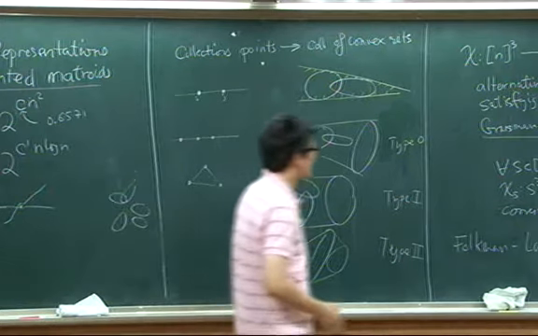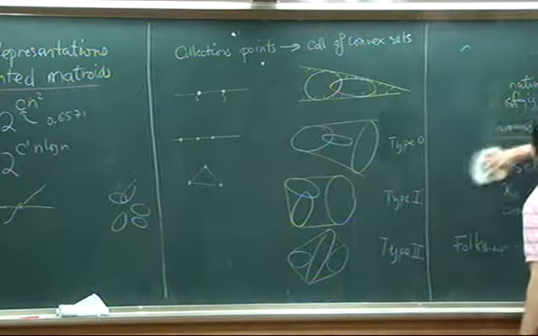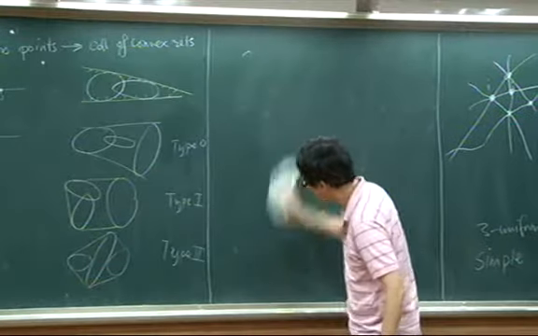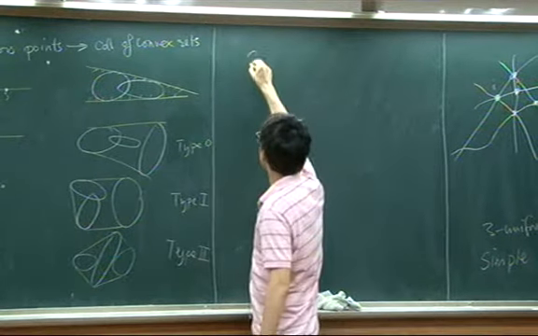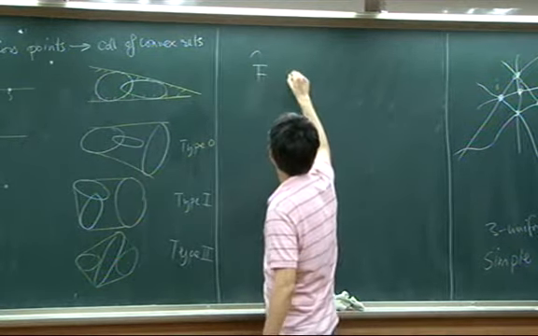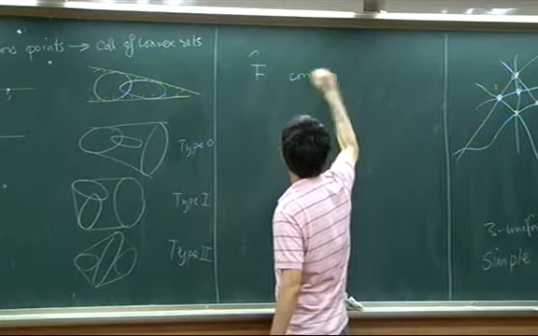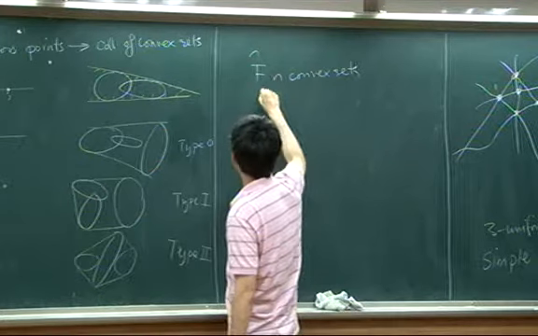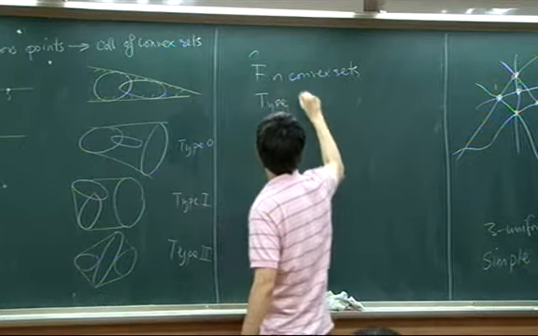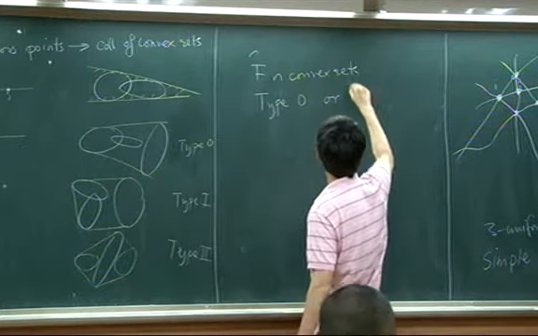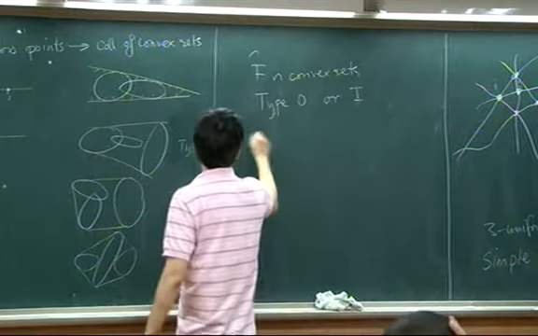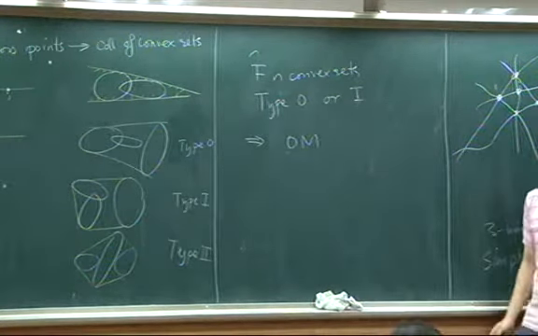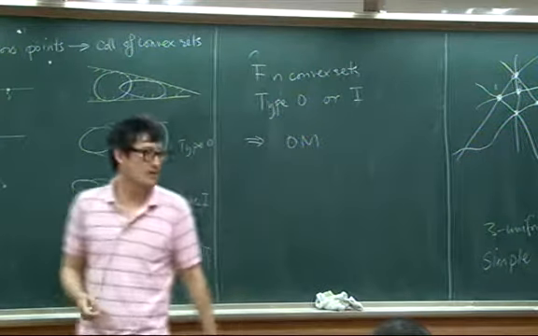And now what Alfredo observed was that if you take a family of convex sets, so this is n convex sets, and suppose they're all type 0 or 1, then this gives me an oriented matroid. Okay? Now I read off the oriented matroid in the same way.